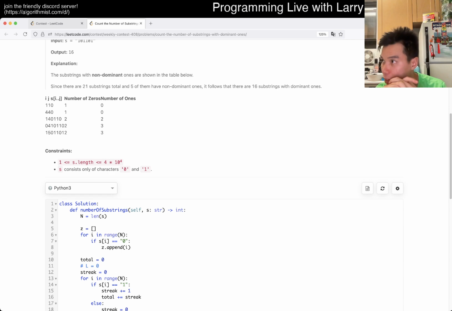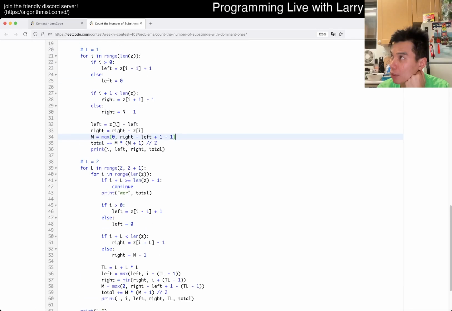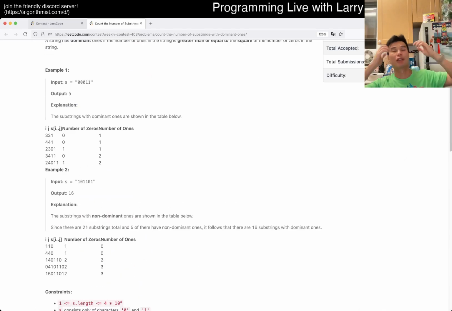Not everything is valid. And then everything else is just kind of the same thing that I've been doing, just minus the length, but it could go more.